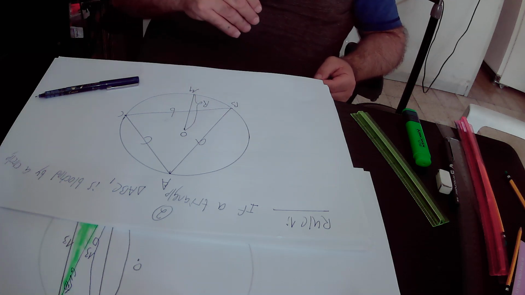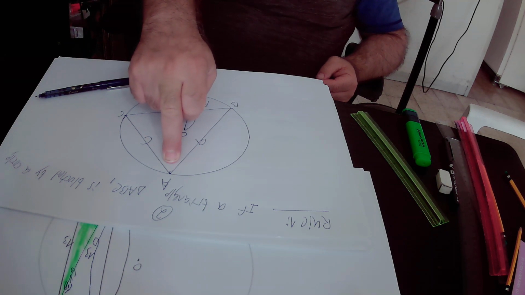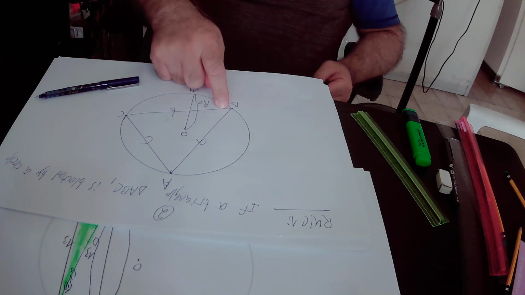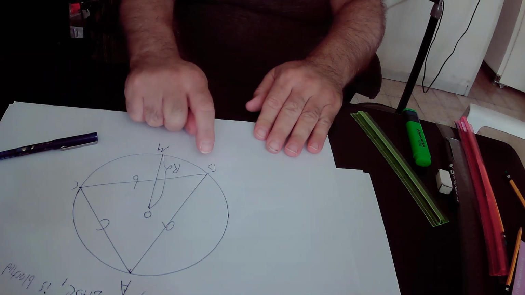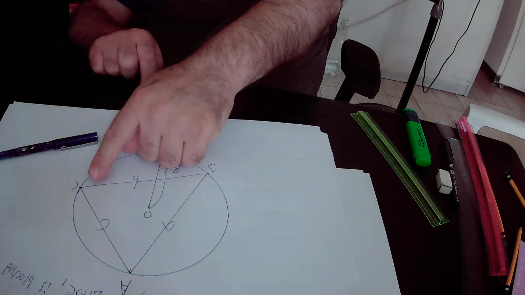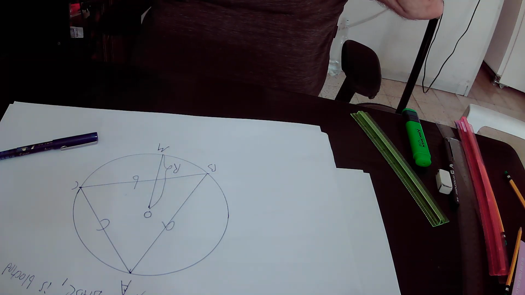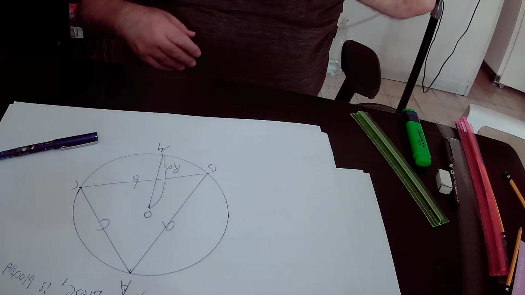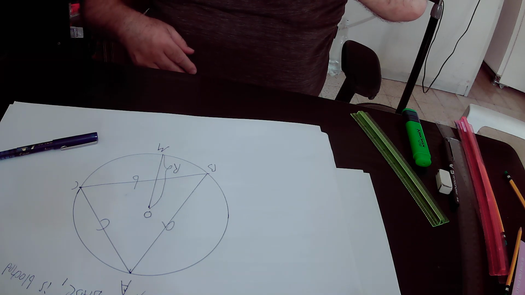Like in this drawing, you can see that this vertex of the triangle touches the circle at point A. Likewise, this vertex touches the circle at point B, and finally this vertex of triangle ABC touches the circle at point C. Only if all the three vertices are touching the circle at different points of the circle, only then you can say that the triangle is blocked by a circle. Okay?